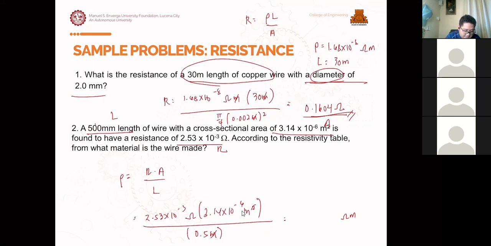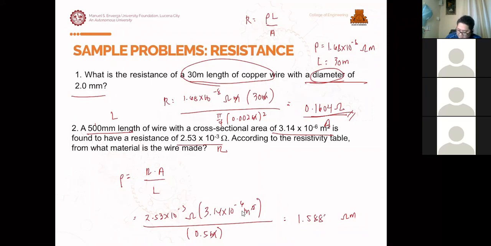3.14 negative 6 over 0.5. Paayos ulit. Okay, correct. 1.588.